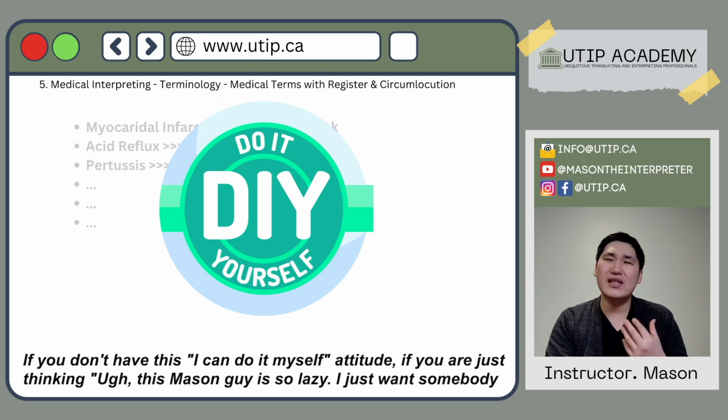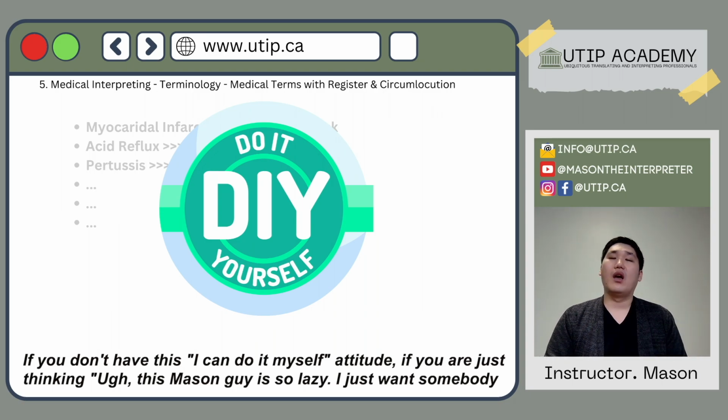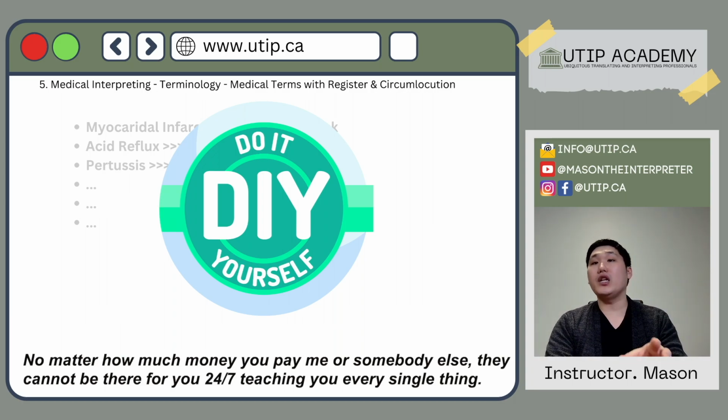If you don't have this I can do it myself attitude, if you're just thinking, oh, this Mason guy is so lazy, I just want somebody to teach me everything I need to know. Trust me, you are not going to go very far because there is always a limit on that. No matter how much money you pay me or somebody else, they cannot be there for you 24/7, teaching you every single thing.